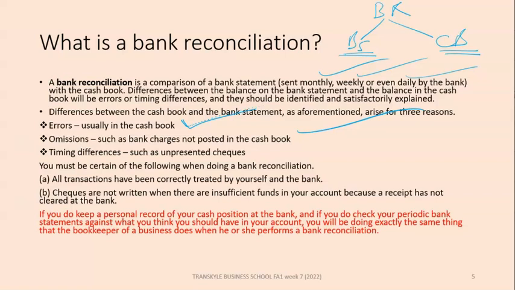Then timing differences such as unpresented checks. Sometimes we might say that we have done all the payments according to the cash book, but those payments would not have been honored by the bank or would not have been presented to the bank.